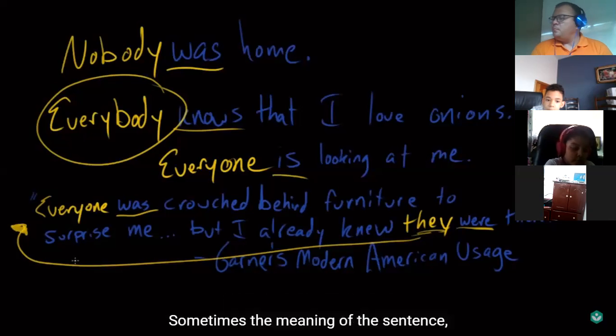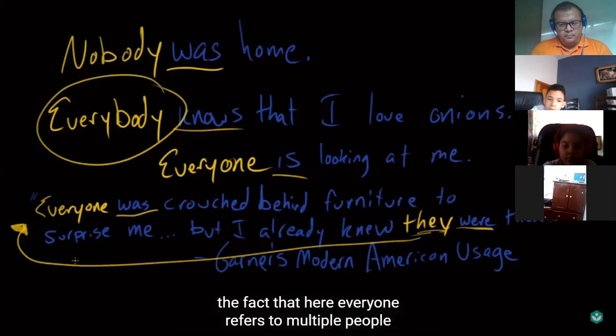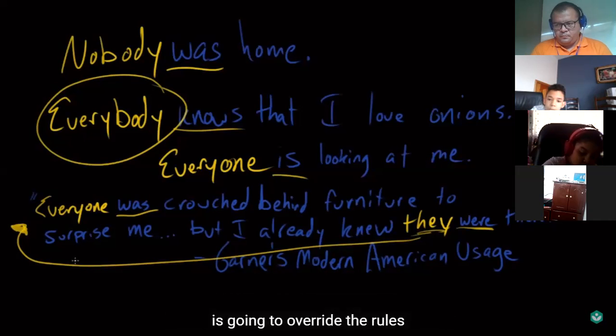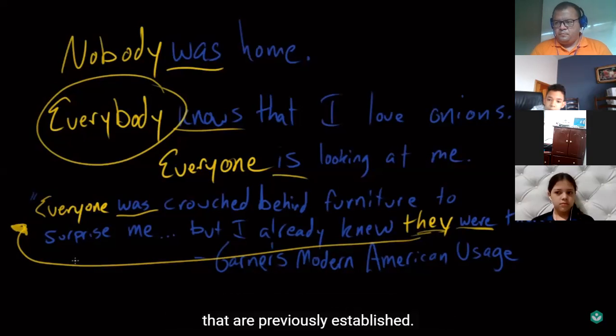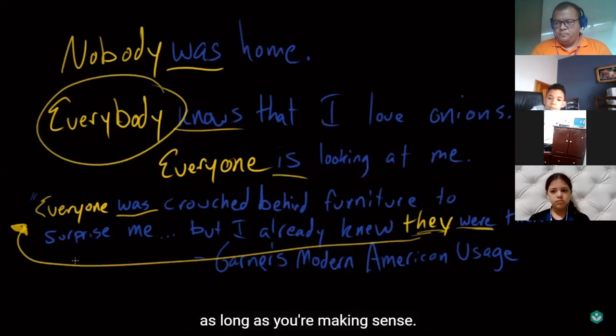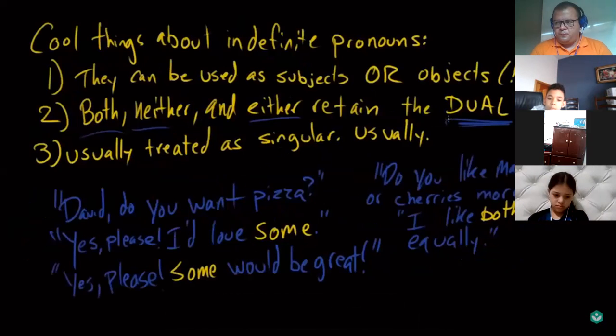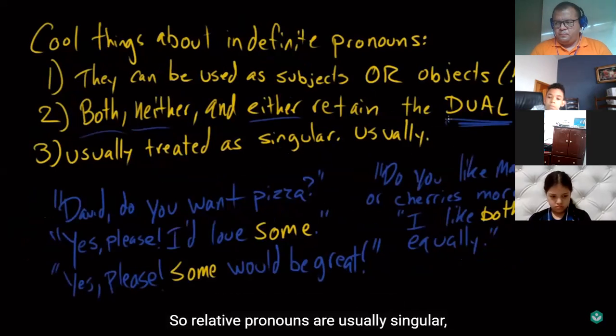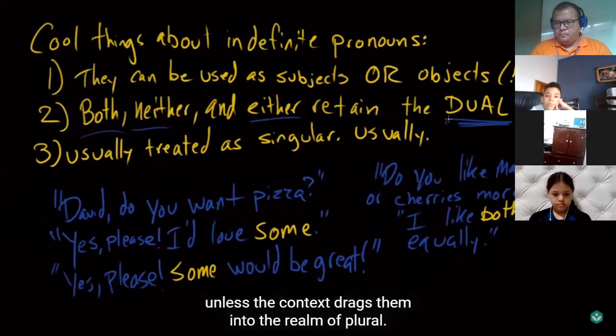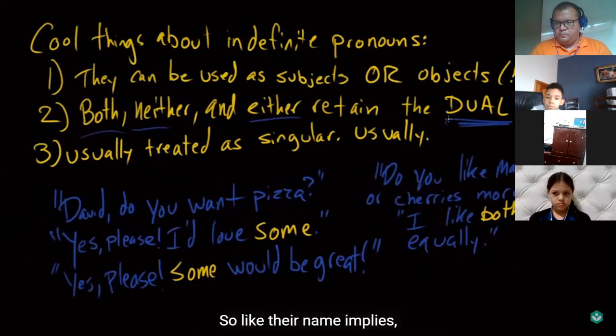Sometimes the meaning of the sentence, the fact that here everyone refers to multiple people, is going to override the rules that are previously established. And that's okay, as long as you're making sense. So indefinite pronouns are usually singular unless the context drags them into the realm of the plural. So, like their name implies, sometimes indefinite pronouns can be a little indefinite.